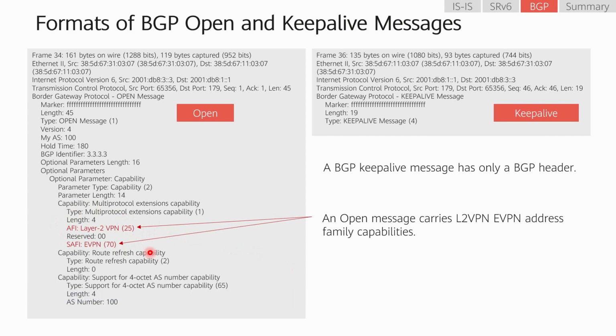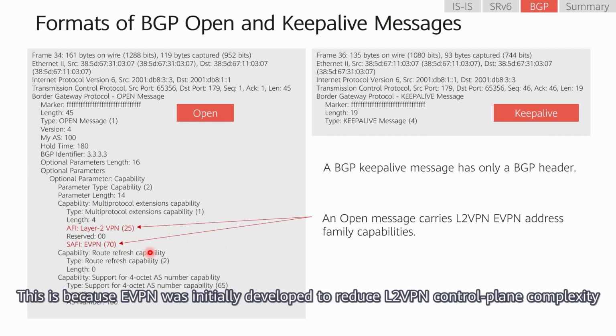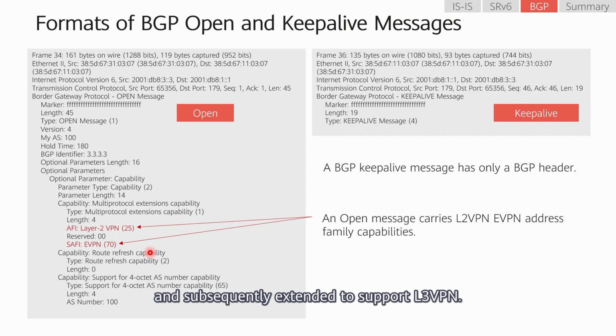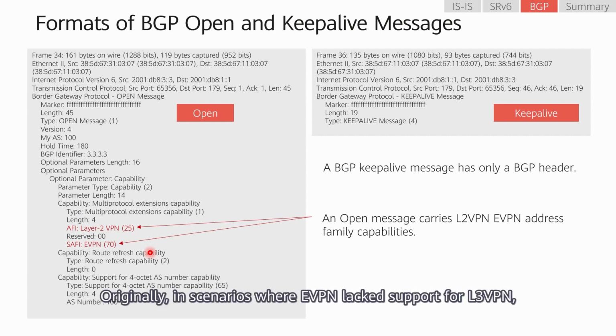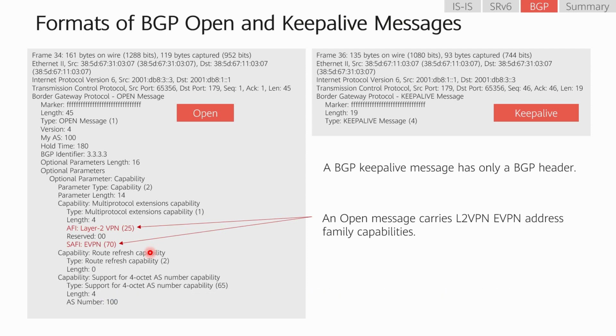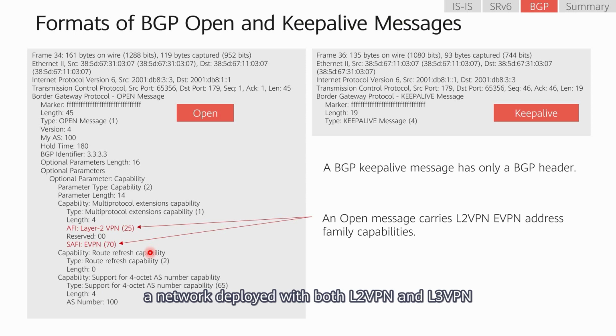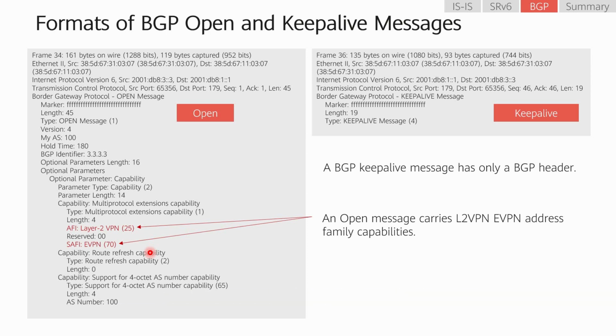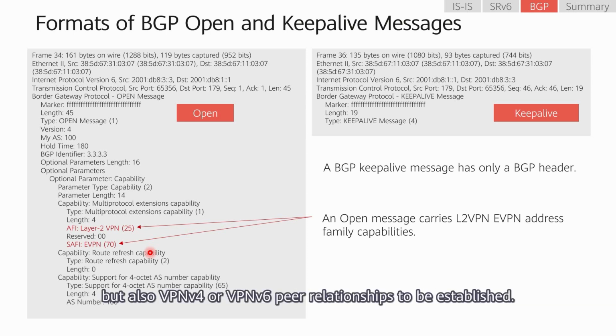This is because EVPN was initially developed to reduce L2 VPN control plane complexity and subsequently extended to support L3 VPN. Originally, in scenarios where EVPN lacked support for L3 VPN, a network deployed with both L2 VPN and L3 VPN required not only L2 VPN peer relationships, but also VPNv4 or VPNv6 peer relationships to be established.